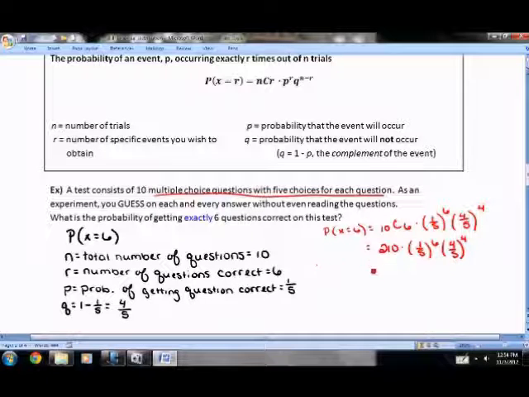When you type all this into the calculator, you'll get 0.0055 and so on, which rounds to about 0.006. In other words, if you randomly guess on a 10 question multiple choice test with 5 choices for each question, you're going to have a 0.6% chance of getting 6 of those questions correct.